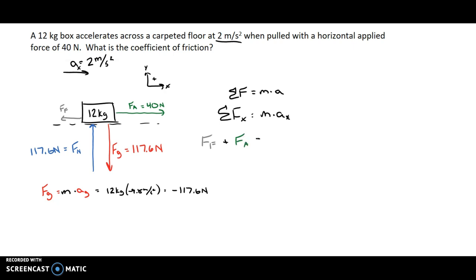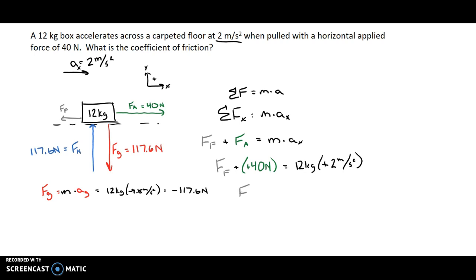The sum of those forces is equal to the mass times the acceleration in the x. And let's plug in what we know. Friction plus the applied force, which is positive 40 newtons, it's to the right, equals the mass, 12 kilograms, times the acceleration, which is positive 2 meters per second squared.